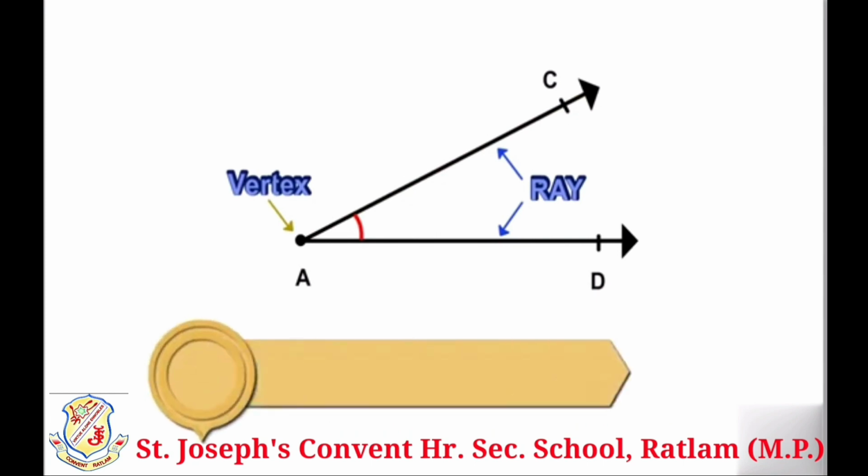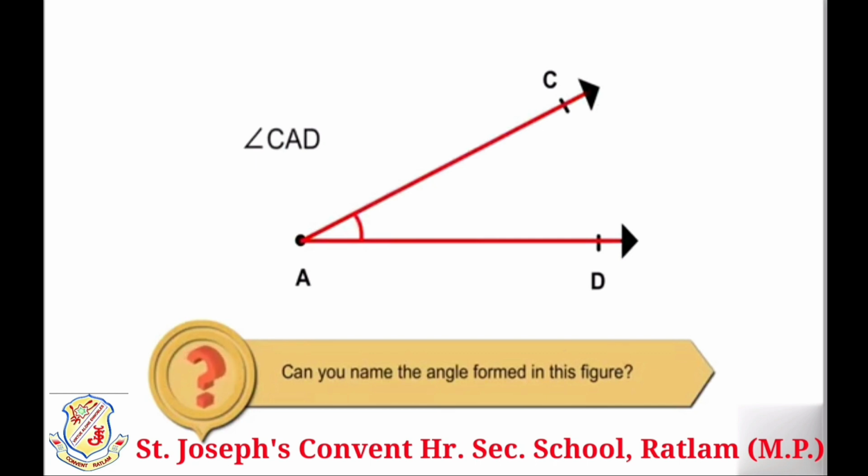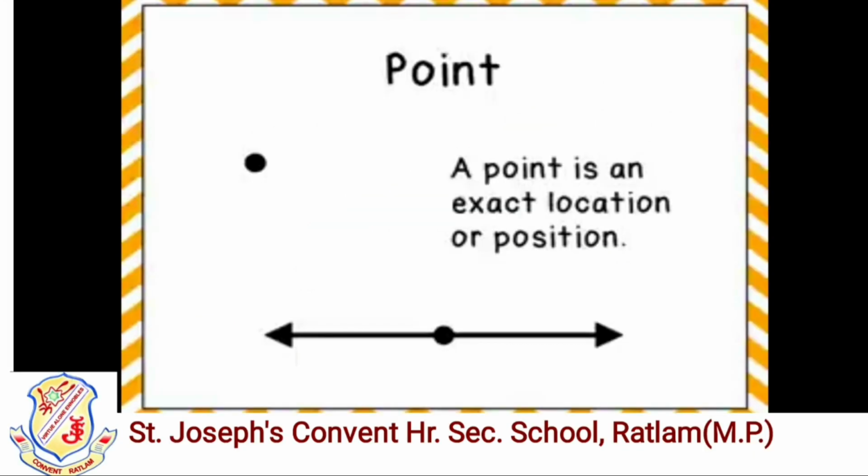Now children, can you name the angle formed in this figure? The angle formed in this figure is called angle CAD or angle DAC. This is the way we denote a particular angle.